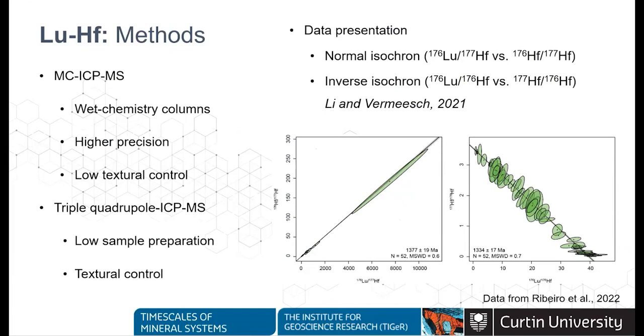This minimizes internal variations of the data. Then when you normalize the data to the higher abundance isotope, which is 176 happening here, you remove the extreme error correlation and you get a better estimate of the age, which is always a little bit younger. But that's the recommendation.